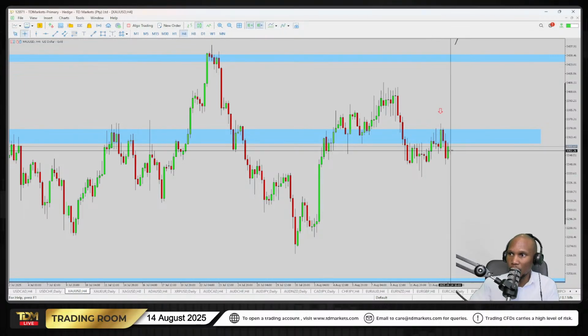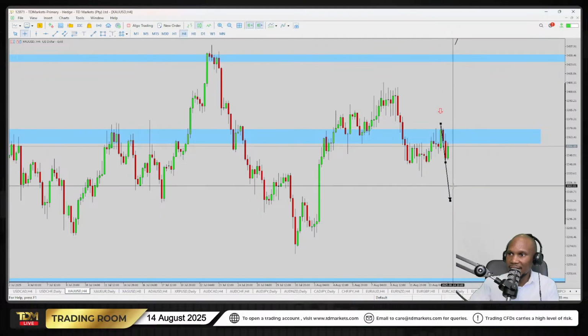Gold bounces, then we should be seeing one more push towards the downside. What you can do is maybe measure this impulse, and then get a possible target on where gold could push to if it bounces from that zone. So this is something I would look at.